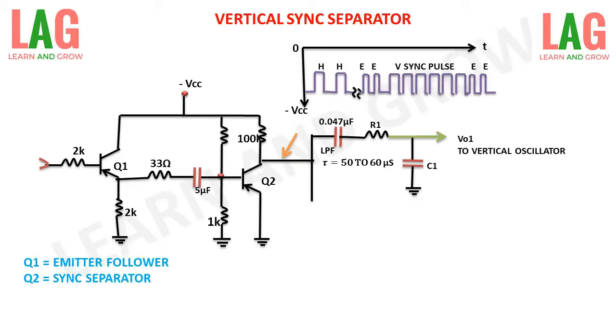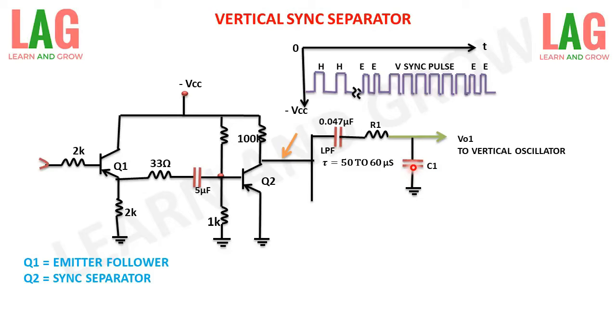The low pass filter will make the capacitor get charged through the resistor R1. The capacitor charging time will depend upon the time constant of the horizontal synchronizing pulse and also the equalizing pulse.